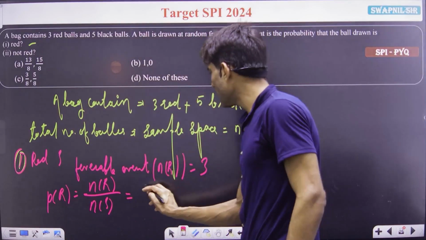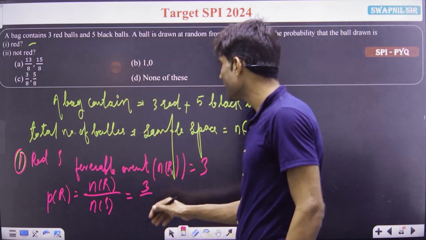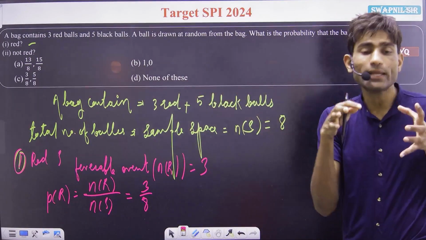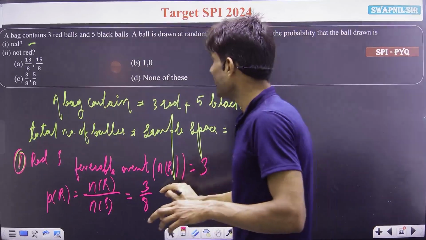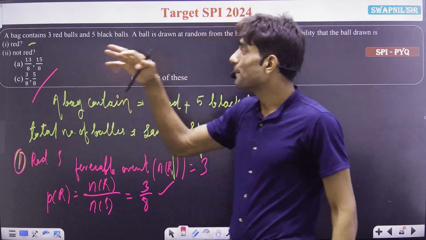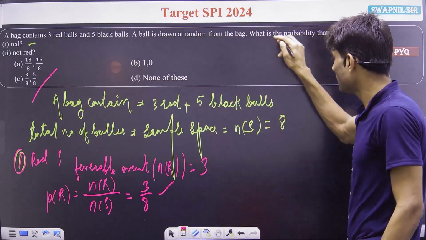We have 3 elements, and the sample space has 8. That means the probability of getting only the red ball is 3 by 8, which we have in option C, but only the part which is left here.